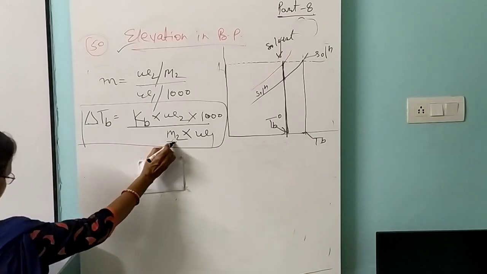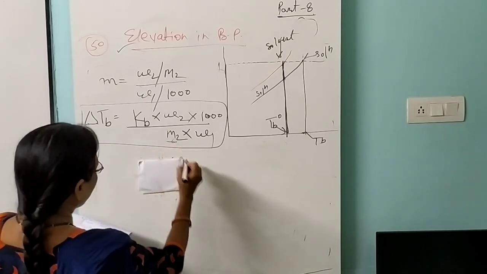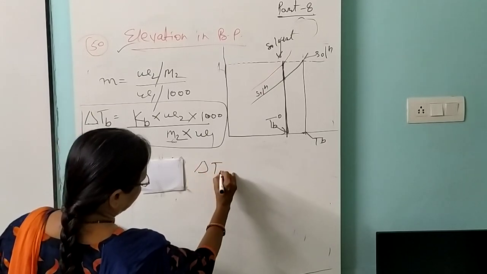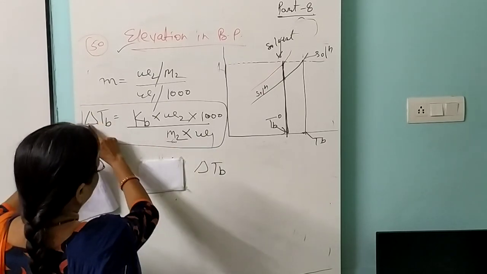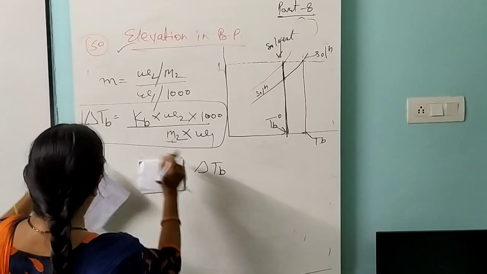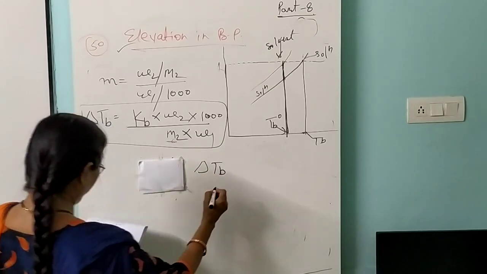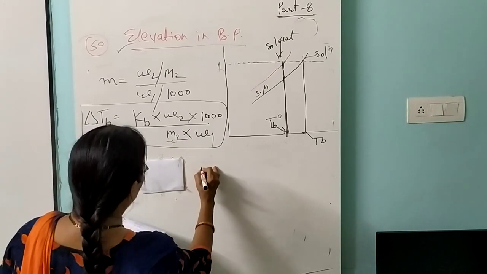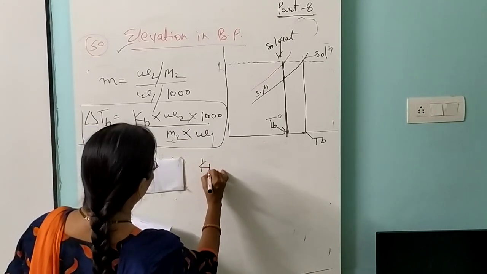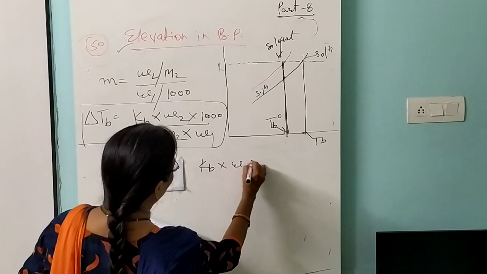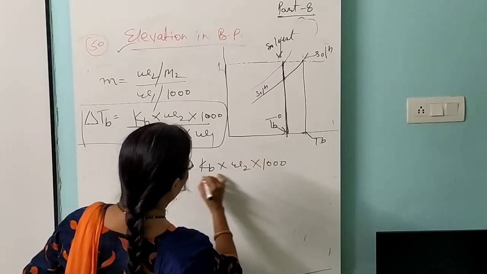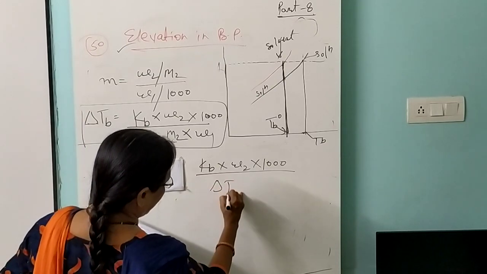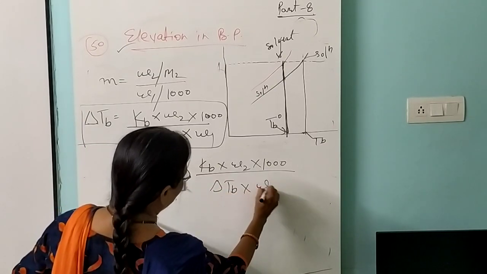Rearranging, M2 is equal to K_B into W2 into 1000 upon delta T_B into W1.